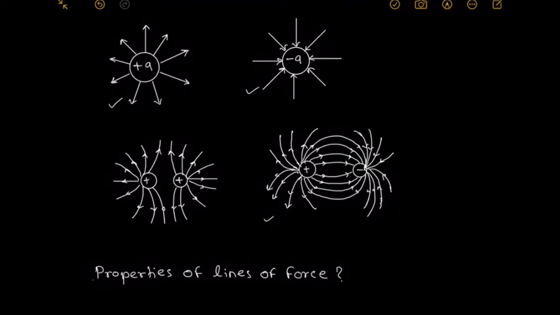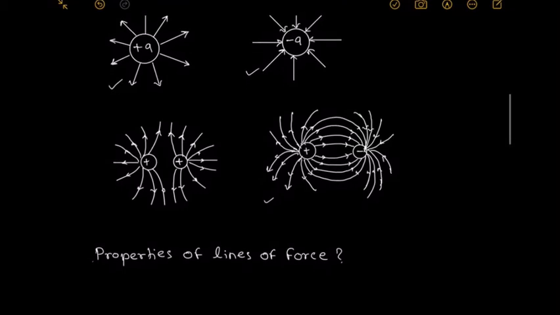Next property we note: two lines of force cannot cross each other. That is not shown here. Next, the lines of force are always perpendicular to the surface of the conductor, which means all the lines are directed normally to the conductor.